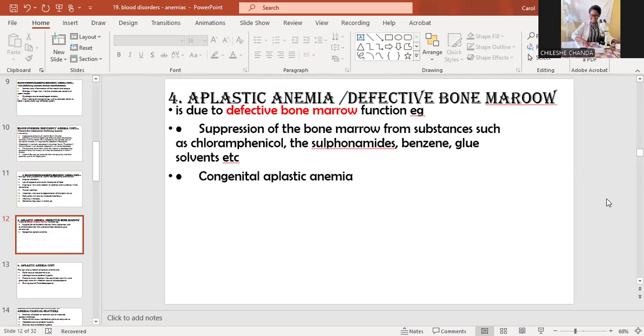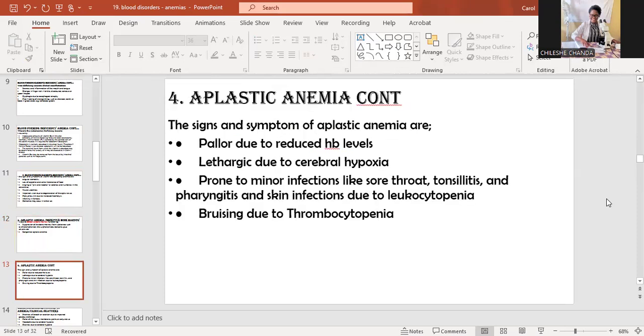It will not be able to produce any of the blood cells, whether white blood cells, red blood cells, or platelets. So this human being is going to have a reduced immunity. This is the other type of anemia.